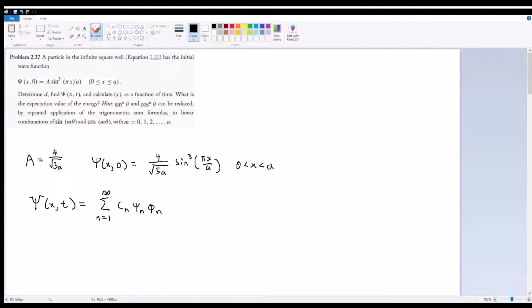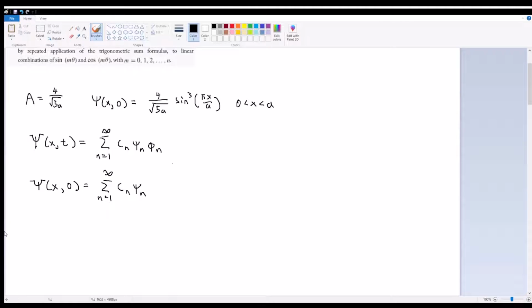Then we could recognize that if we set t equal to 0, then all the complex exponentials in phi go to 1, and we're left with a summation from n equals 1 to infinity of cn psi n. Then we can plug in any arbitrary psi of x comma 0 for this, including what we just found because of the completeness theorem. So we get 4 over the square root of 5a times sine cubed pi x over a is equal to the summation from n equals 1 to infinity of cn psi n.